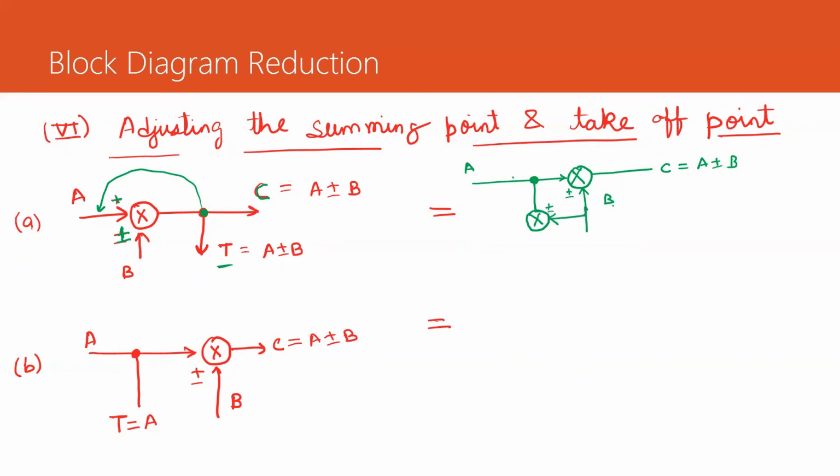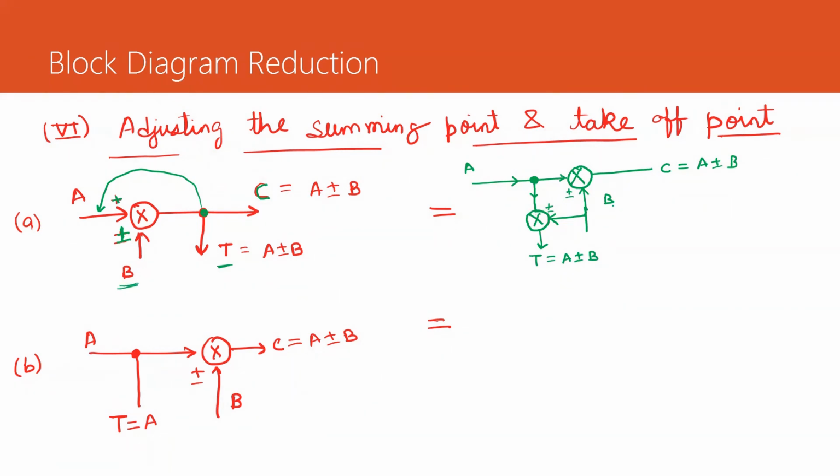Okay, because a is applied over here and the component b is applied to this summing point over here, and we get t which equals a plus minus b. So when we move a takeaway point before a summing point, we have to add one more summing point with an input of b.